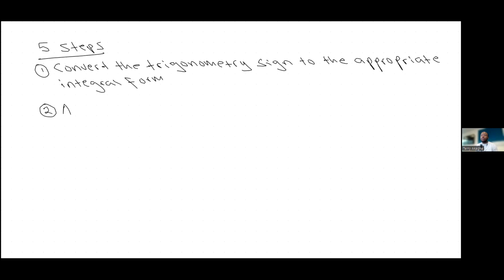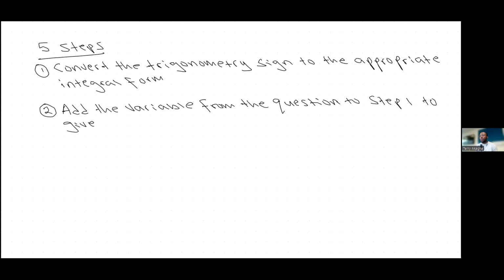So you're going to add the variable from the question to step 1 to give an integrated trigonometry form.